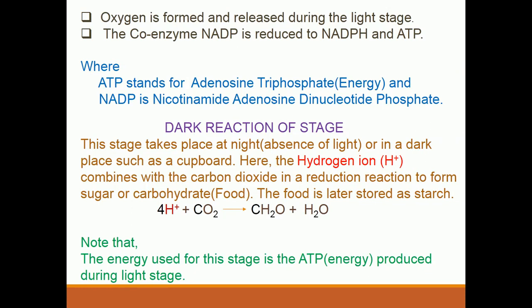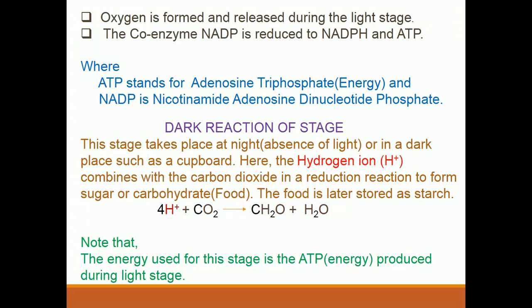The coenzyme NADP is reduced to NADPH and ATP, where the ATP stands for adenosine triphosphate. That is the energy we are talking about that is formed. And NADP is nicotinamide adenine dinucleotide phosphate.